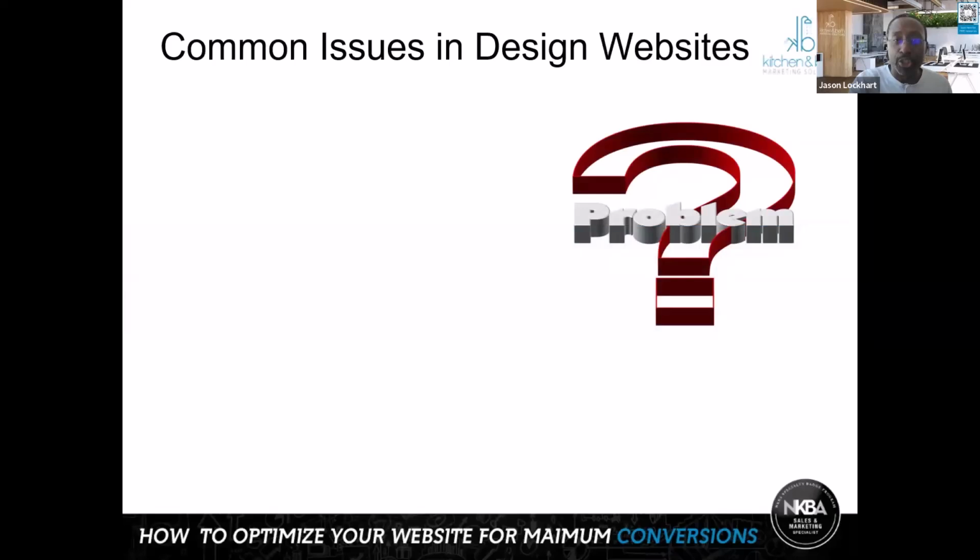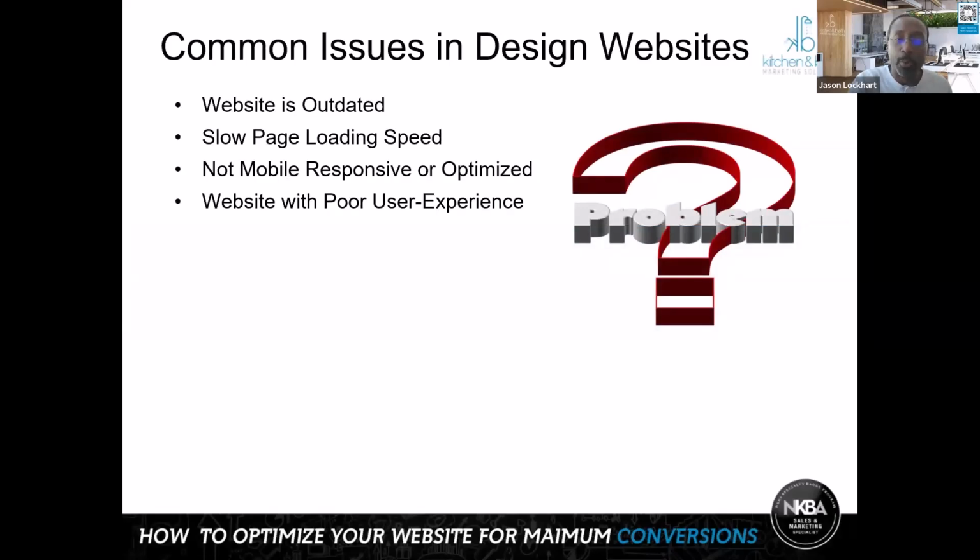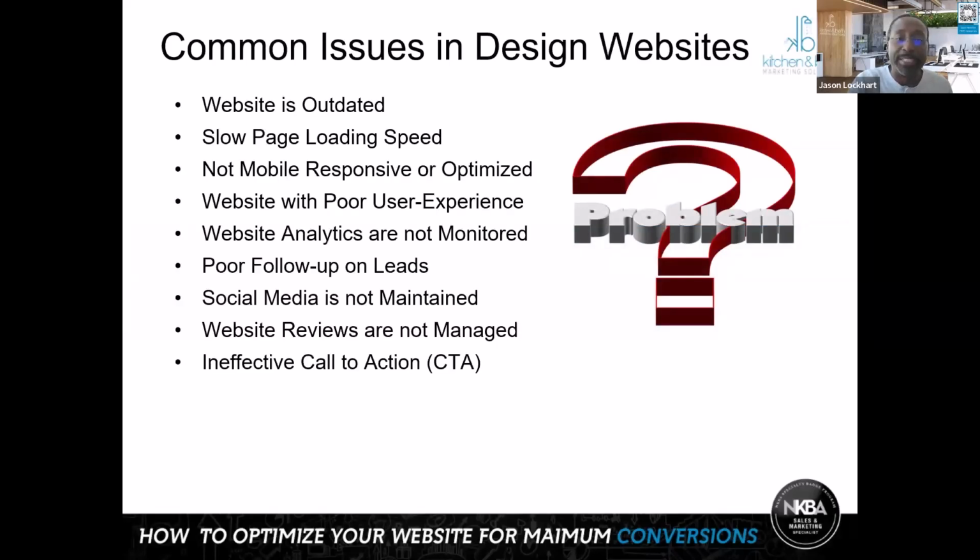So the common issues we have seen over the last year: the website is out of date. In 2020, a lot of websites were redone because of the coronavirus and everything that was happening. A lot of businesses had extra time, and that's when they brought their website up to date.